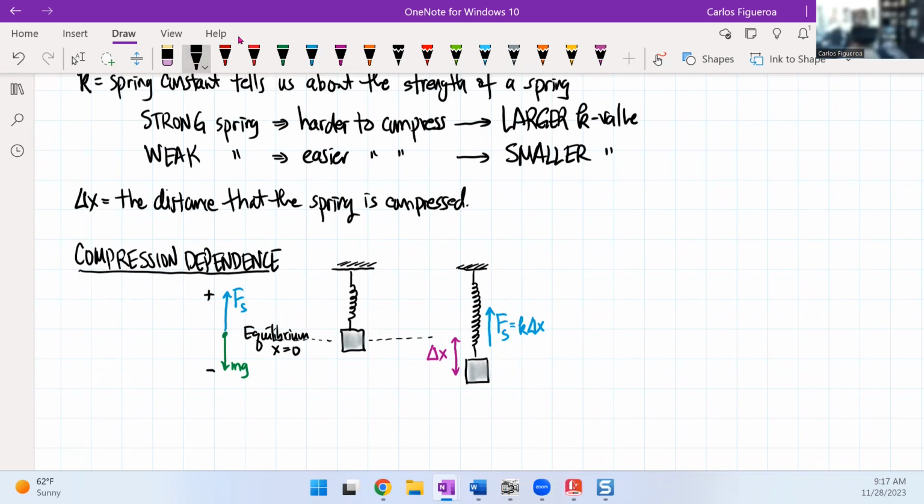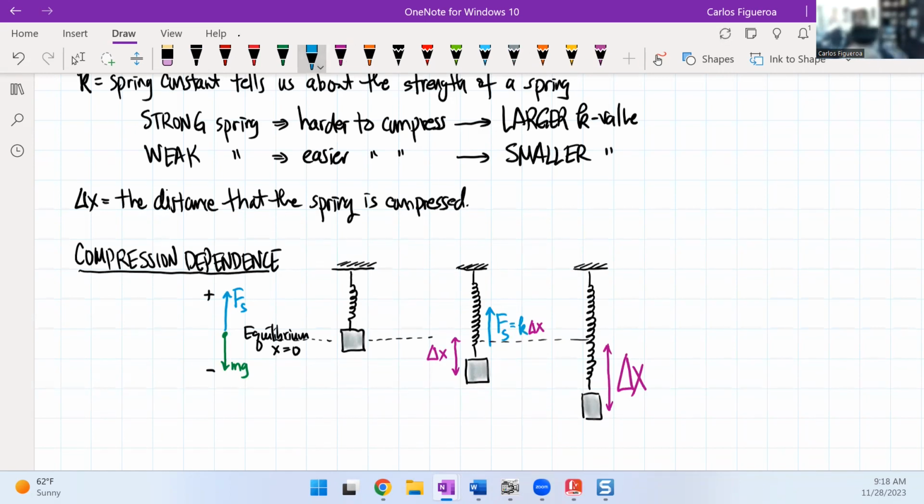Now look what happens. Now suppose that I now take this block and I stretch it even more so. I pull down on it even harder. So when I'm looking at my equilibrium point, you can see that this distance now is even larger here. I should have been color coding these guys like this.